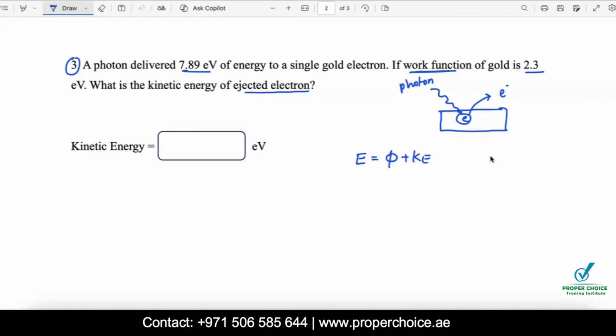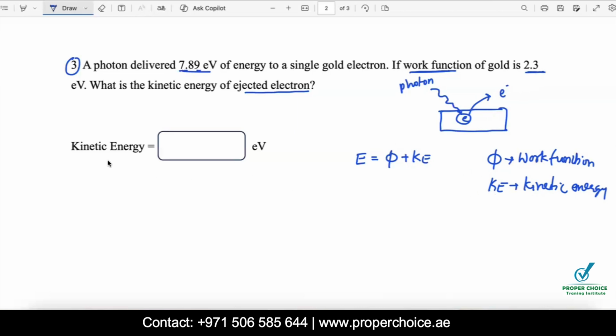This is the symbol for work function, and KE is the symbol for kinetic energy. Now, this has been given and work function has been given.